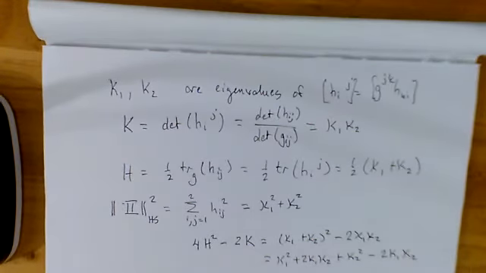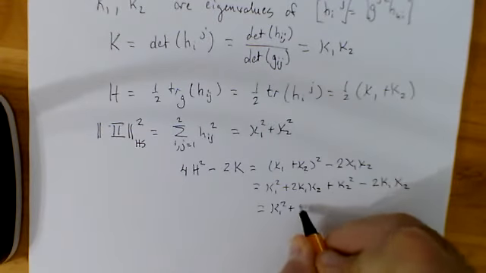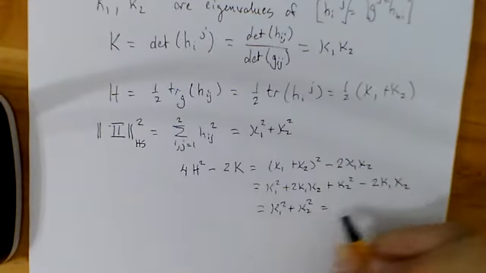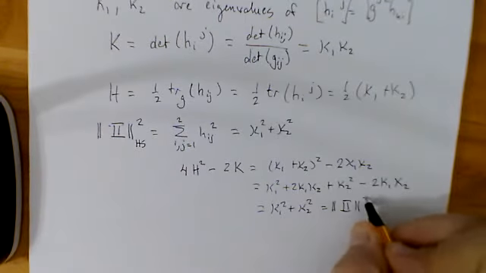I see that these terms here, of course, cancel. I'm left with kappa 1 squared plus kappa 2 squared, which is the norm of the second fundamental form squared.